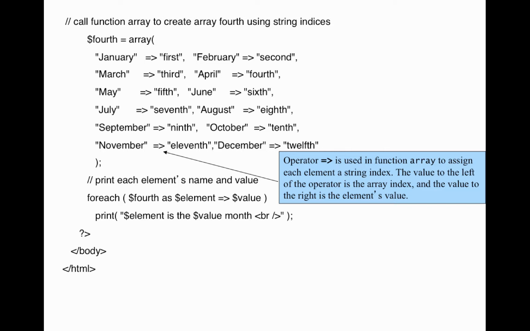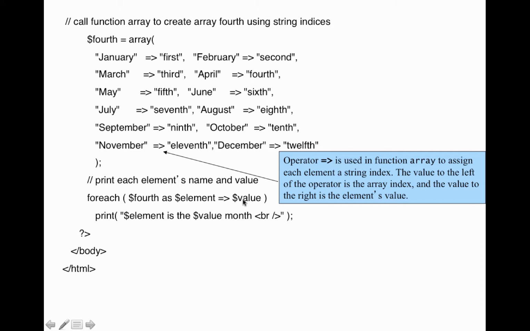Now this is where we can use something called a for each loop to grab things from this array. The way that works is like this. We say for each $4th, the name of your array, as, which is a reserved word, $element, and that same symbol, $value.